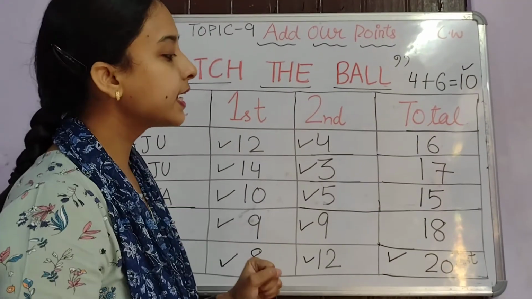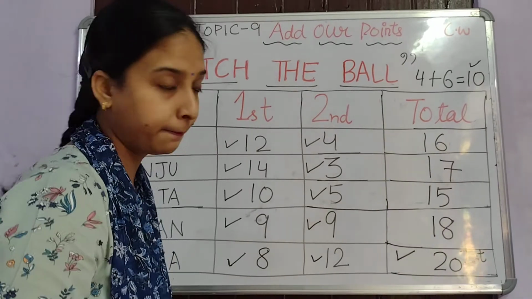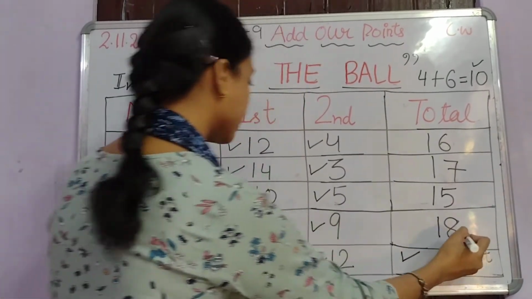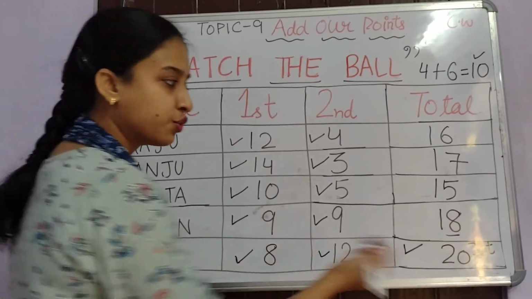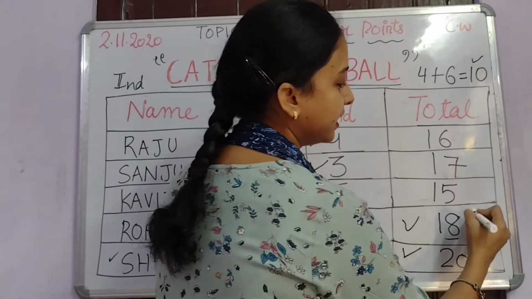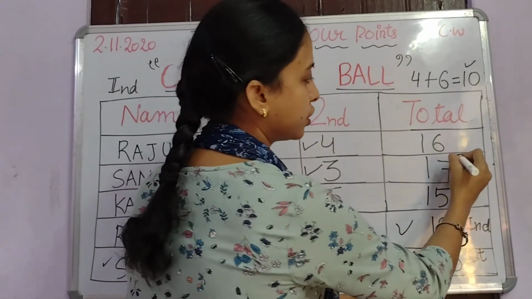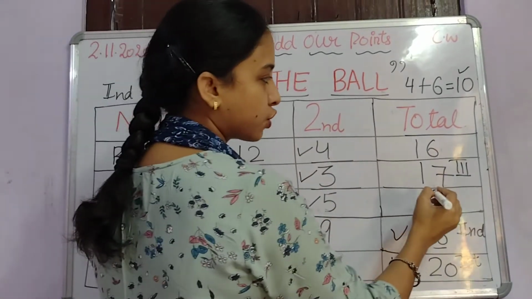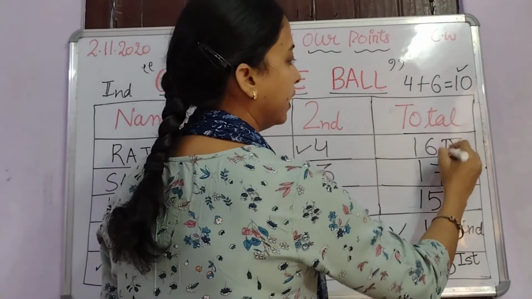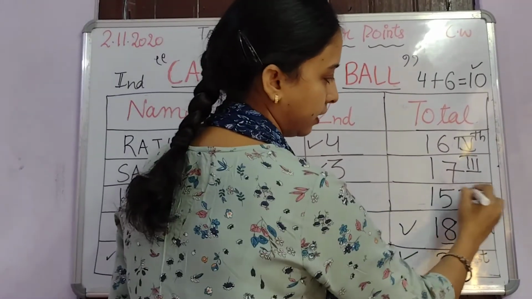Now you tell me who has the second position. Of course 18 marks, which is scored by Rohan. So he has the second position. Similarly, third position is Sanju, fourth position is Raju and fifth position is Kavita.